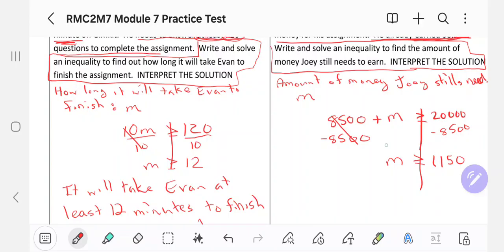Okay, so we go back up here. Amount of money Joey still needs. Joey still needs at least $1,150.